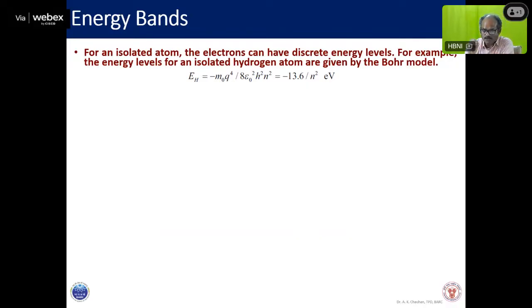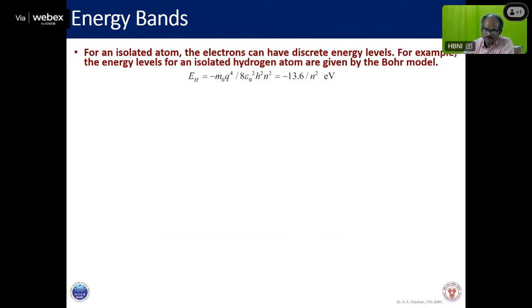Now we come to another aspect. Imagine you have an atom, and you have many atoms, because in crystals they are coming together. For an isolated atom, the electron can have discrete energy levels.